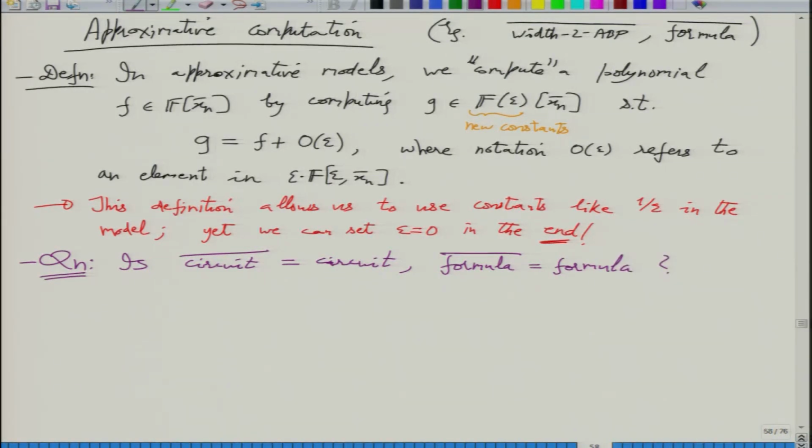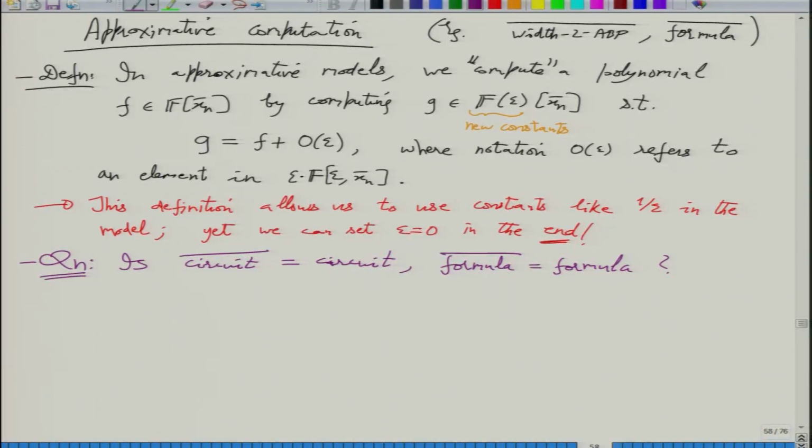We mean that if you have an approximative circuit, then there is also a small exact circuit. If you have an approximative formula, then there is also an exact formula of size up to a poly blow up, right? So are these things different or are they equal? So these are all open questions.